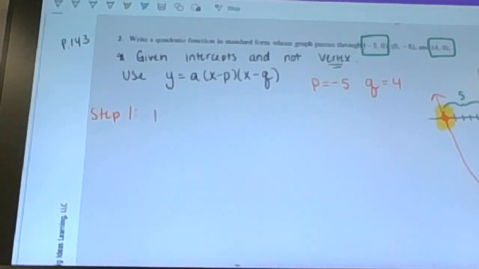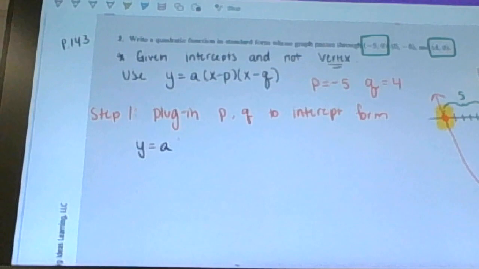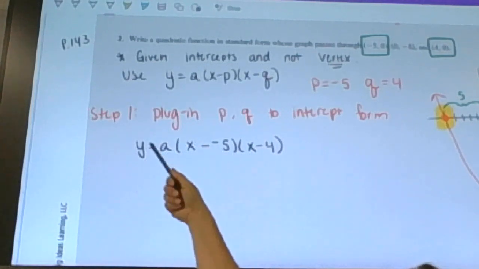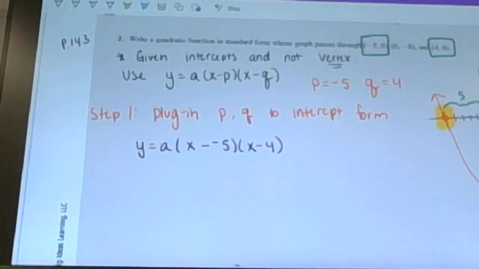So step 1, and I'm going to shorten these steps from yesterday: plug in P, Q. So it's going to be x minus -5 and x minus 4. With this being a subtraction formula, when you plug a negative in, it's going to end up looking positive.